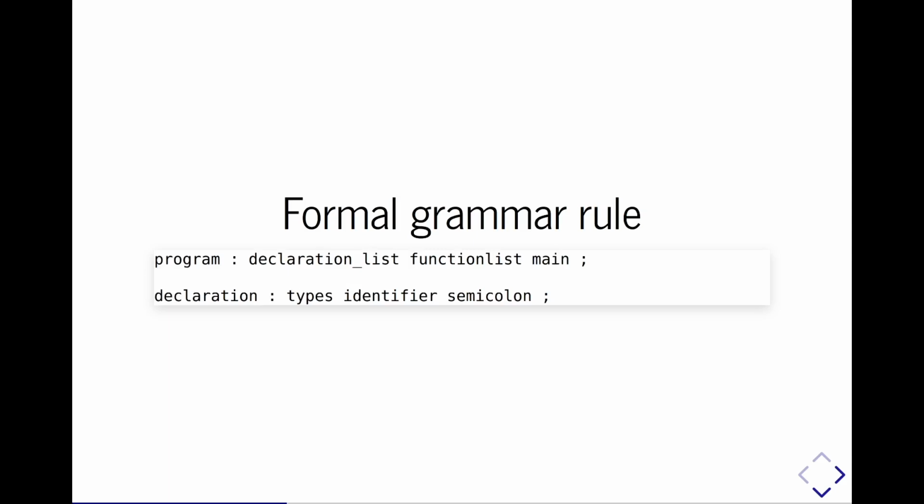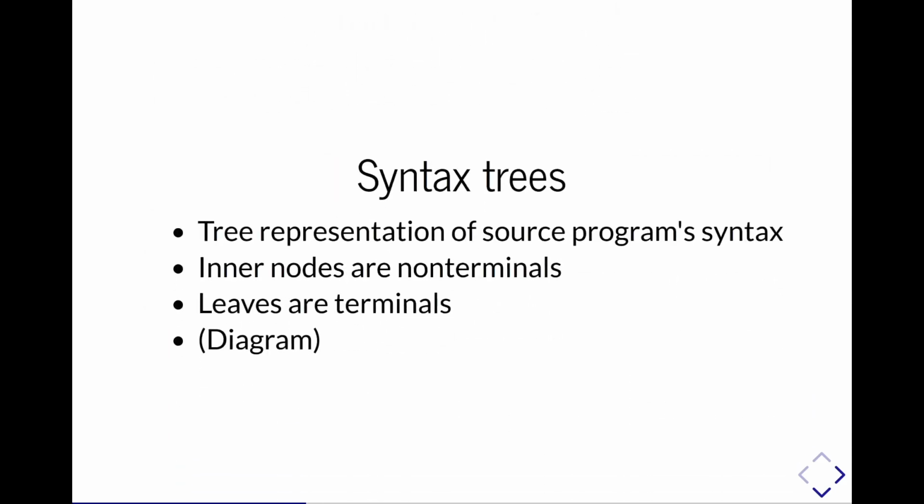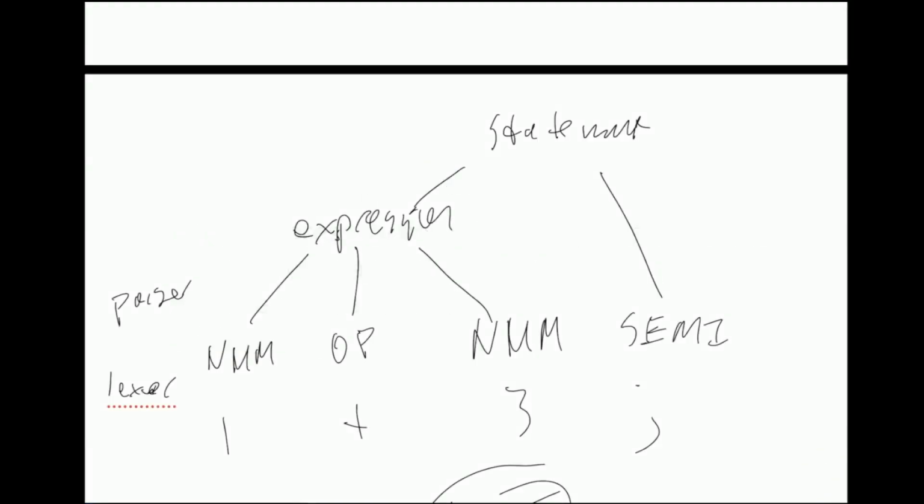Okay, so this is how in Bison we define the grammar in our language. I went over this already, basically, but the syntax tree is a record of how the input language matches the grammar specification.